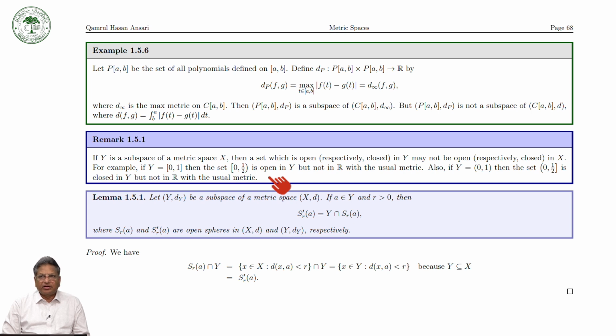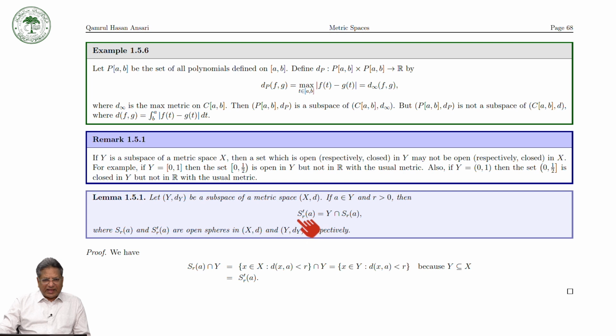For that we have a lemma. Let (Y, d) be a subspace of a metric space (X, d), a an element of Y and r greater than 0.